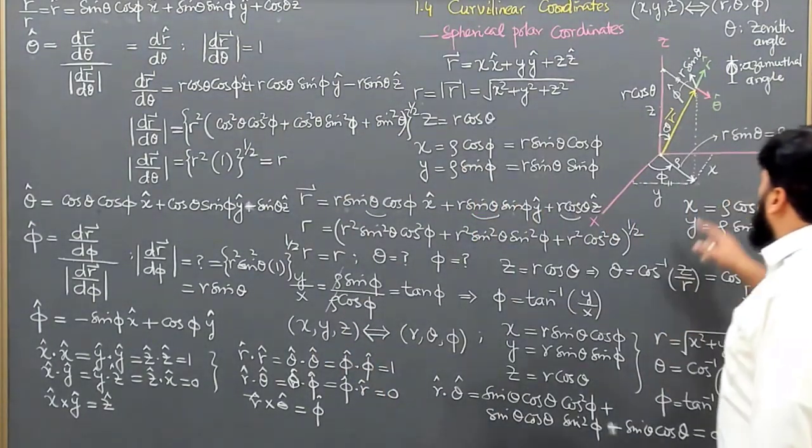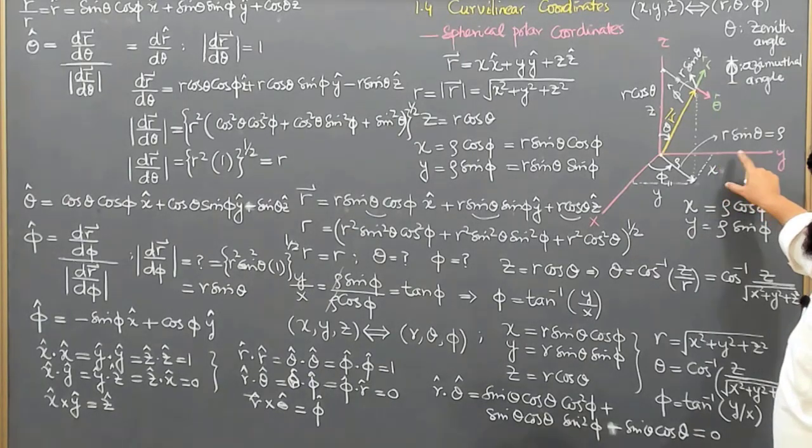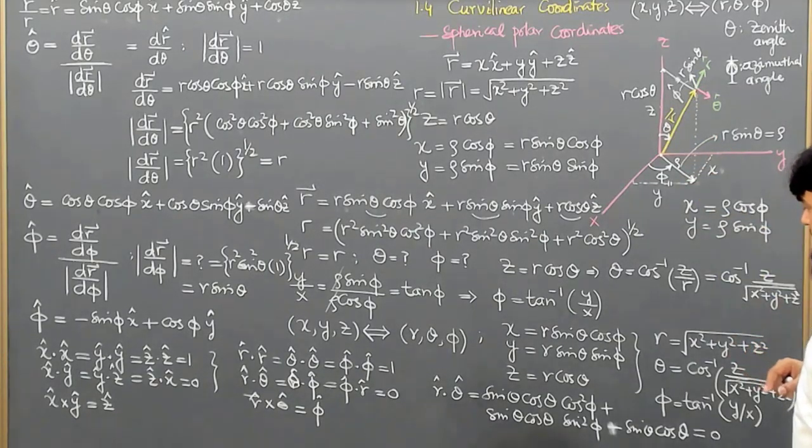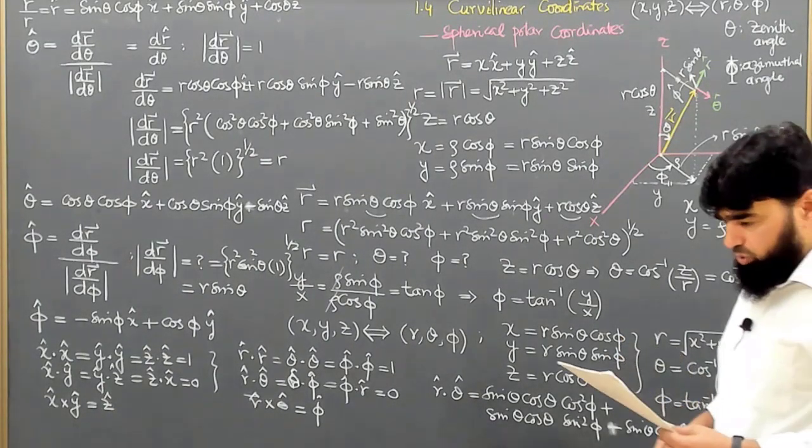I will retain this figure, and I will retain the x and y calculations like these two, and then we will calculate the rest of the results. So let's start with the area and the volume calculations.